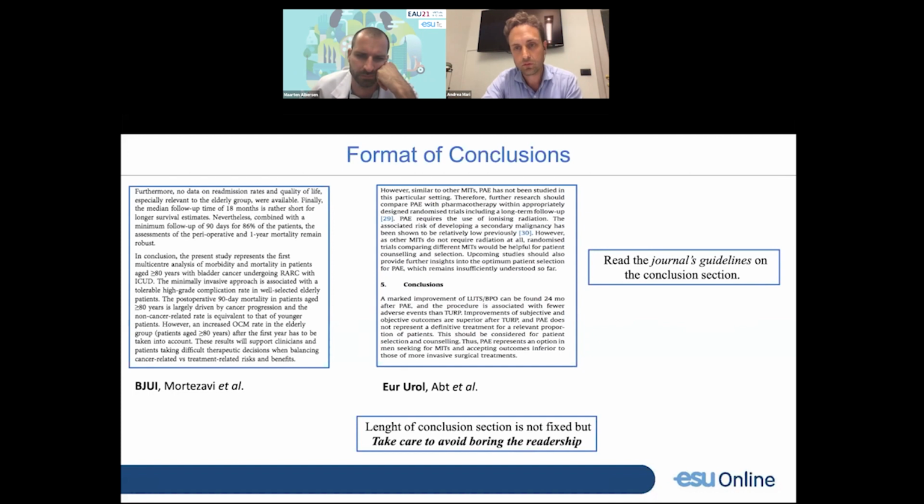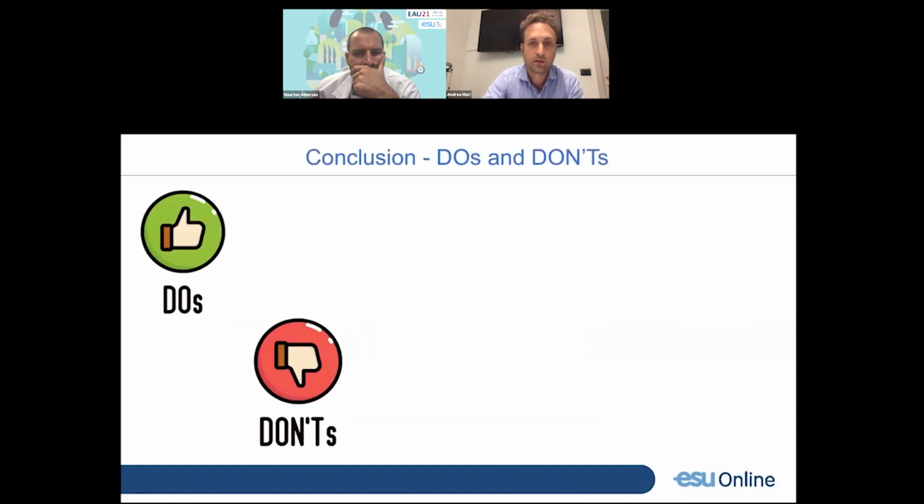So it's very important to read the journal guidelines. Usually there is not much information about the length of conclusion, but just take care to avoid boring the readers.